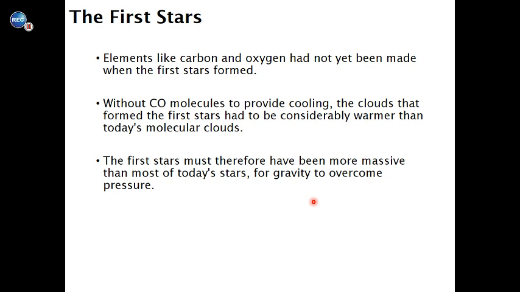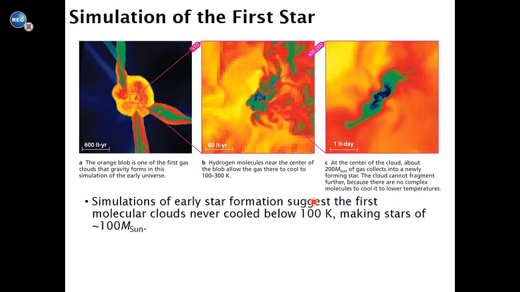But we think that stars in the early universe were larger and bluer as a population than they are now. So the very first stars we figure will be on the order of 100 solar masses, and that's because the molecular clouds were around the order of 100 Kelvin and never cooled below that. So they have to be very large clouds collapsing.